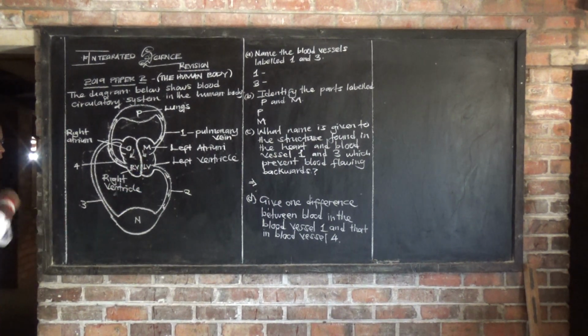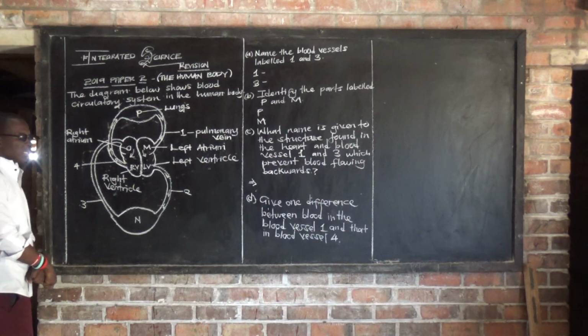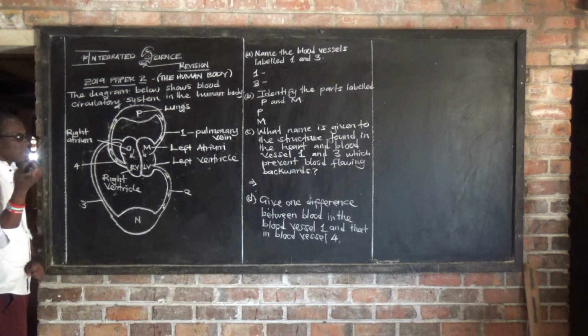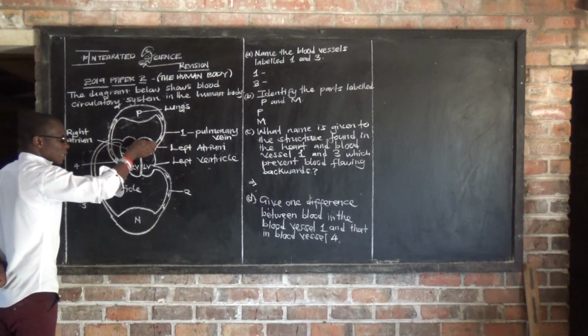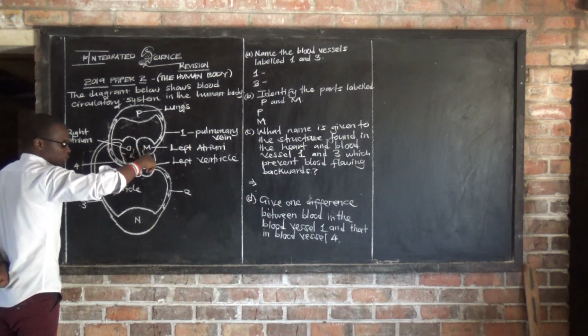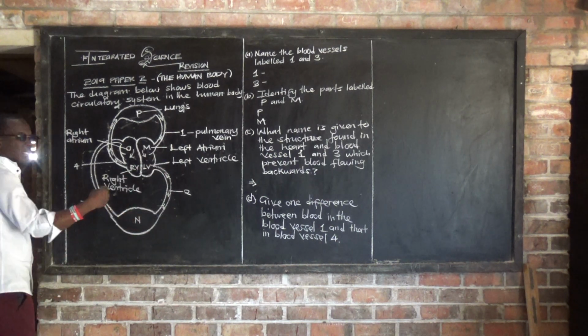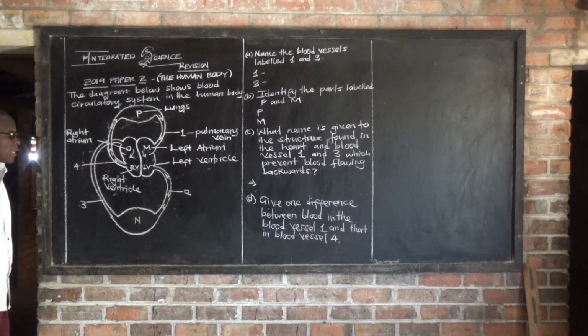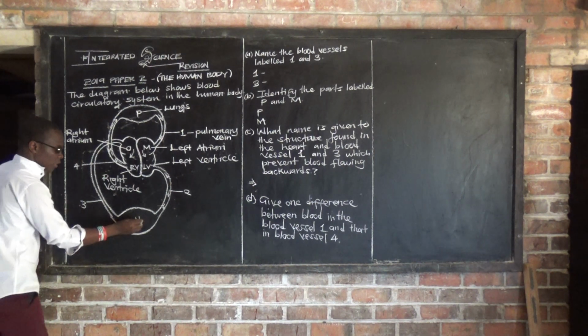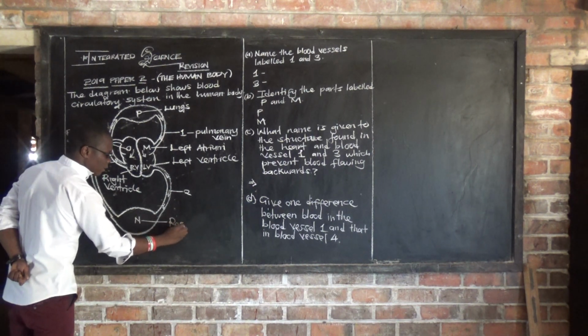Then you have got blood vessel 2. As you can see, it is transporting oxygenated blood from the heart to the rest of the body. So N represents the body tissues, or the rest of the body.